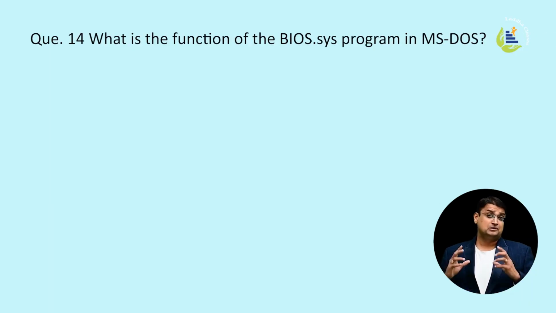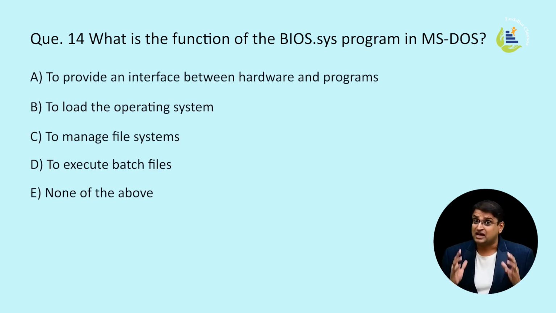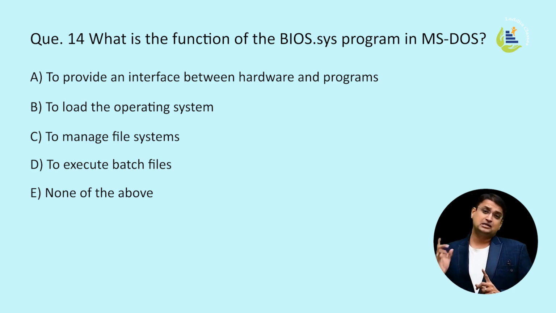Question 14. What is the function of the BIOS.sys program in MS-DOS? Options are to provide an interface between hardware and programs, to load the operating system, to manage file systems, to execute batch files. None of the above.